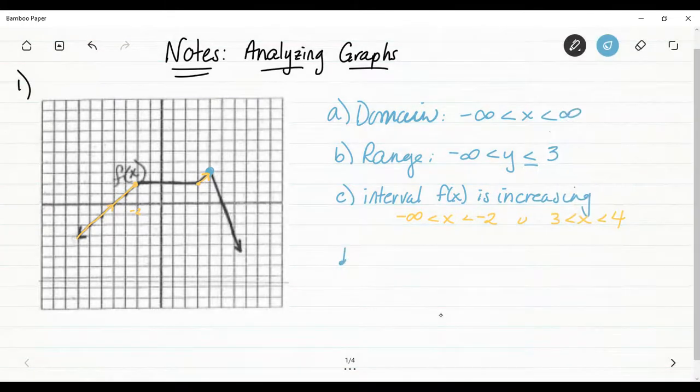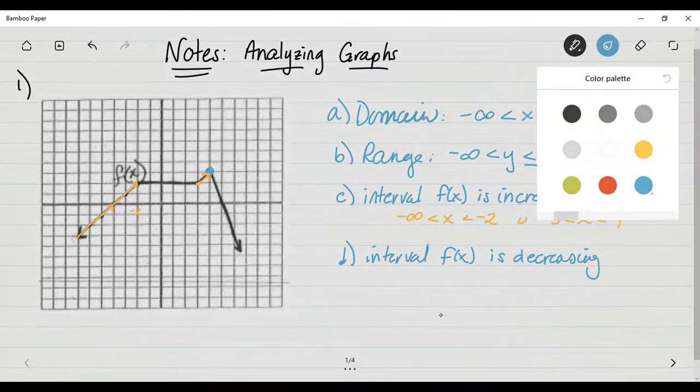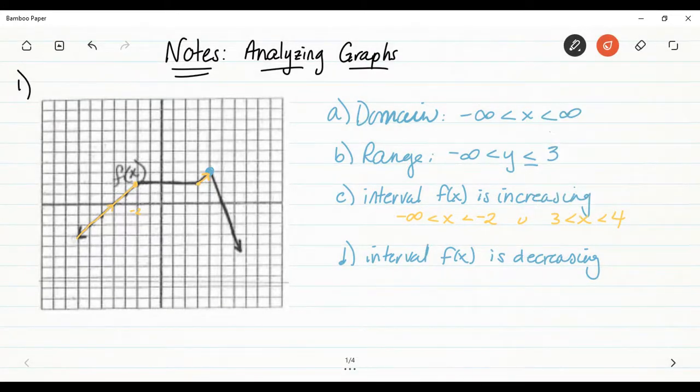Part D of this worksheet talks about the interval for f of x that is decreasing. Where we are decreasing is where we are going to go down on our graph. So again, reading left to right, the graph went up, and then we had a horizontal piece which is not increasing or decreasing.